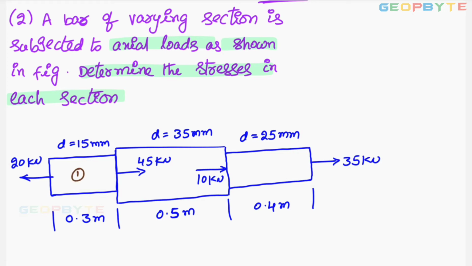Let this be section 1, section 2, section 3. For section 1, L1 given 300 mm, D1 given 15 mm.